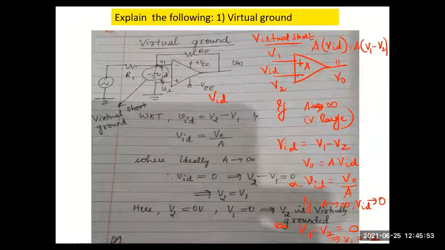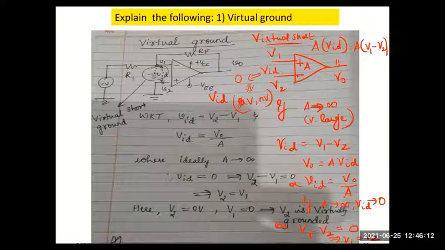When I say VID can be approximated to 0, it means VID is so small, in the range of a few micro, milli or nano volts, that even that small value, when multiplied with the large open loop gain of the op-amp, you will get some output voltage.